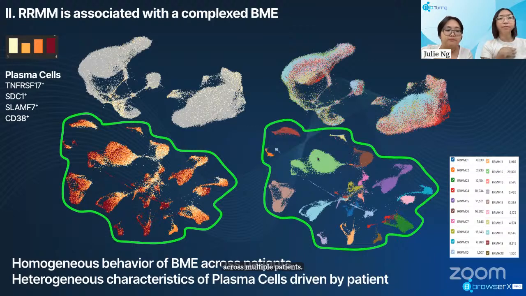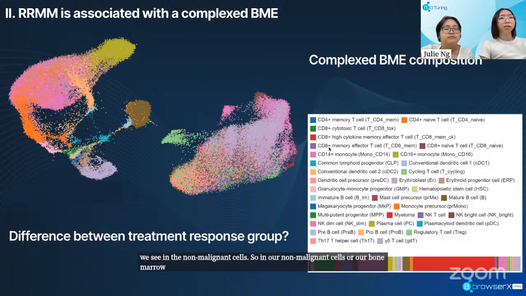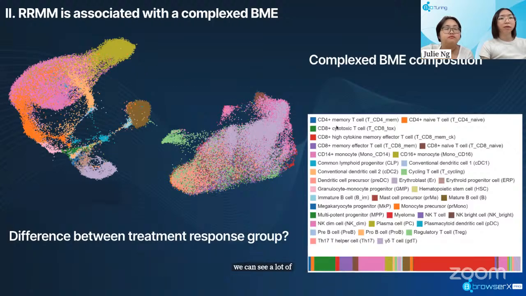Now let's take a closer look at what cells we see in the non-malignant cells. In our bone marrow environment, we can see a lot of different cell types, especially immune-related.